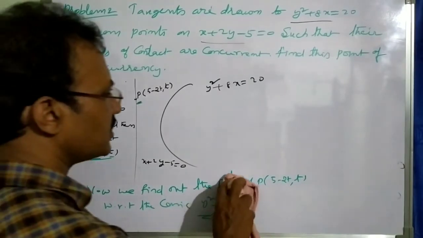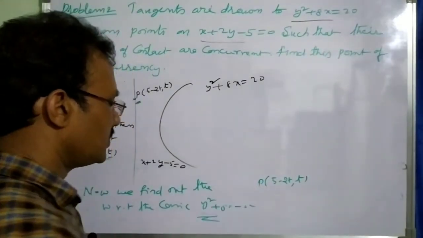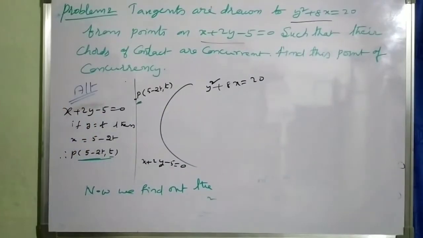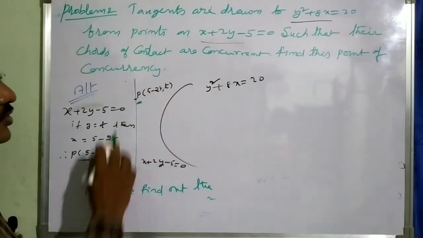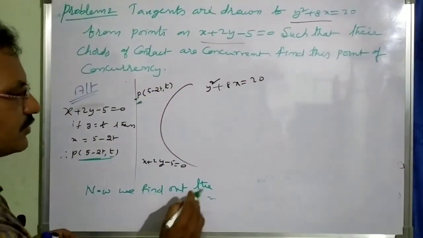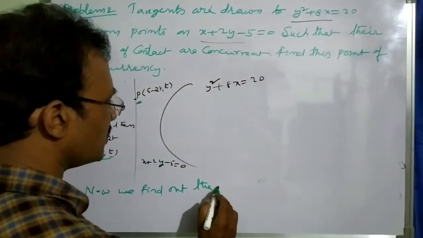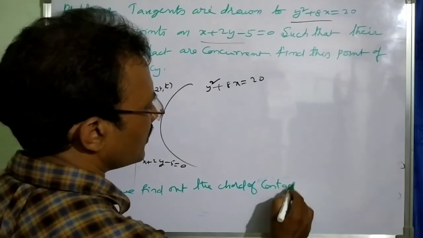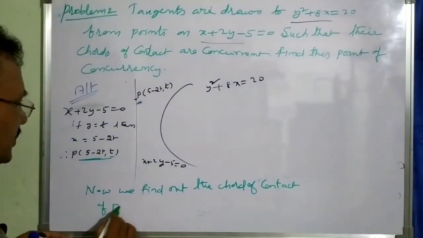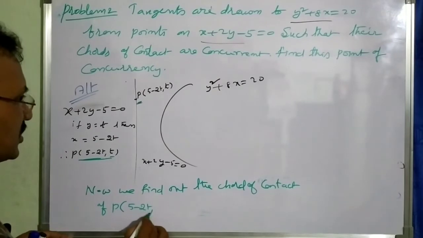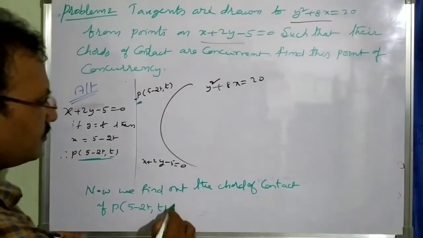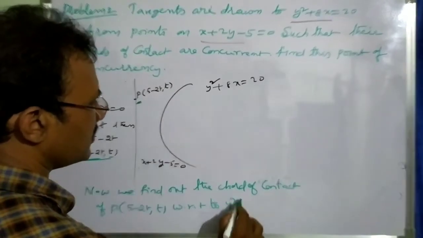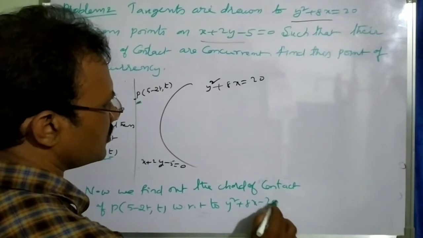Let P(5 minus 2t, t) be a point on the line. Now we find out the chord of contact of P(5 minus 2t, t) with respect to the conic y square plus 8x minus 20 is equal to 0.